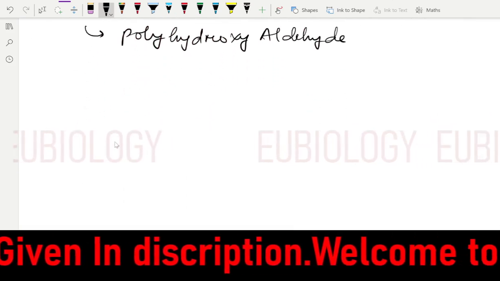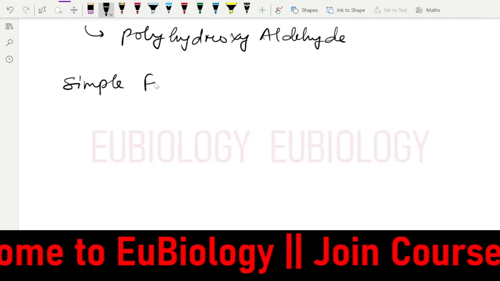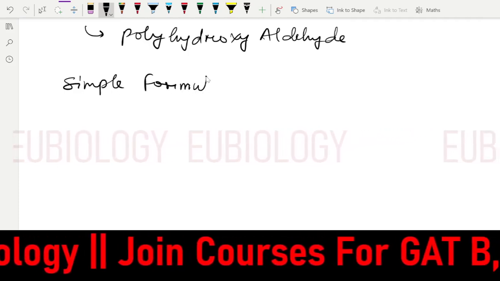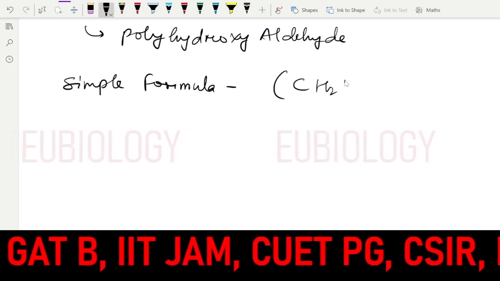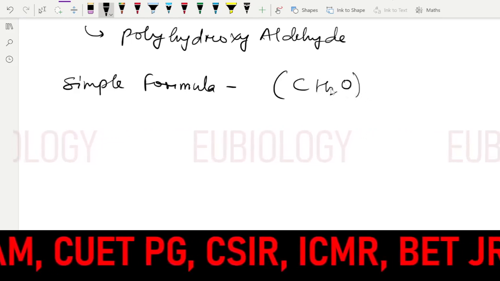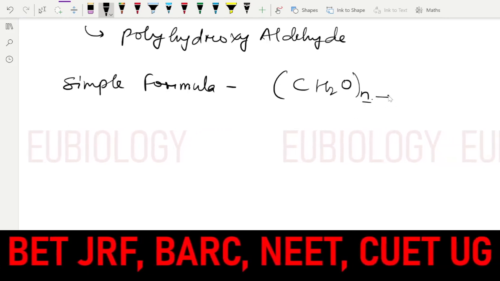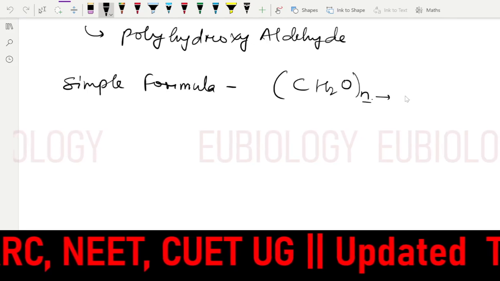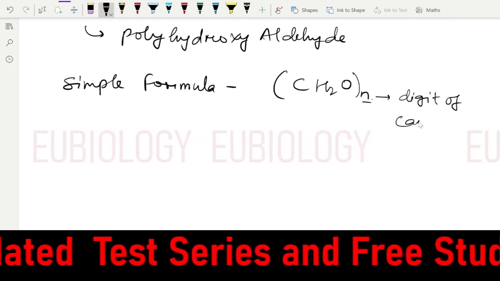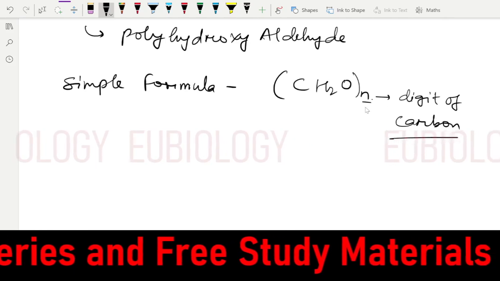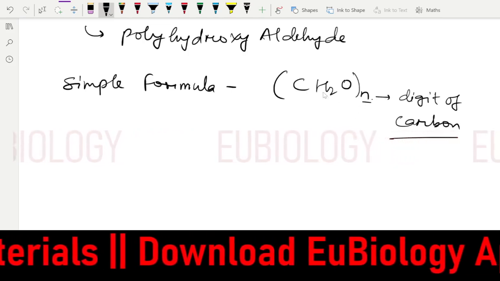Usually the carbohydrate has a simple formula, CnH2nOn, where n is the number of carbons. If there is one carbon, you put one, and then you multiply, two, two, four like this.